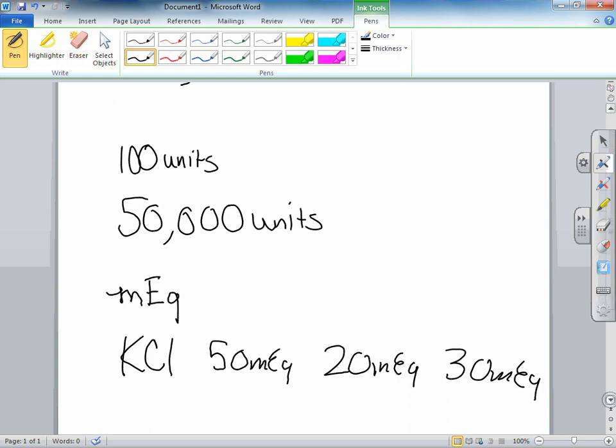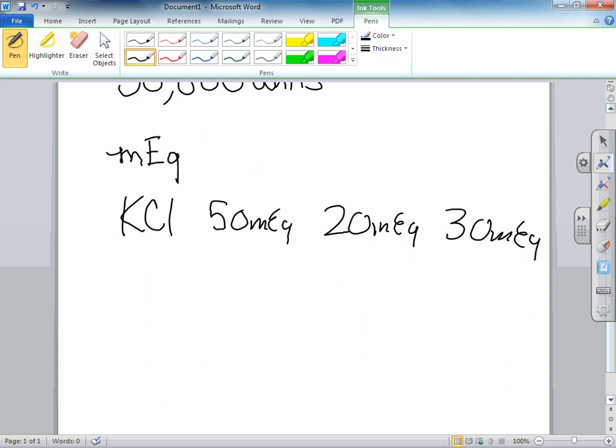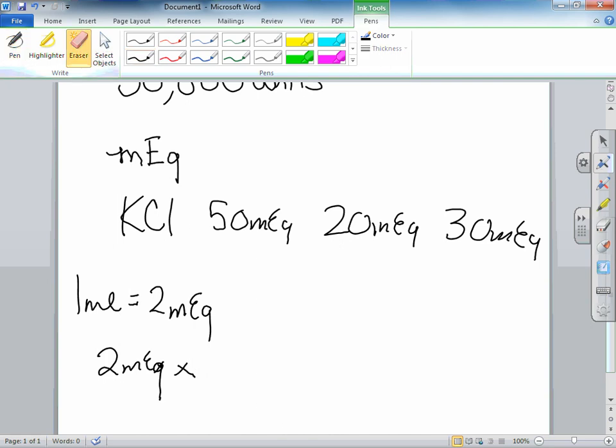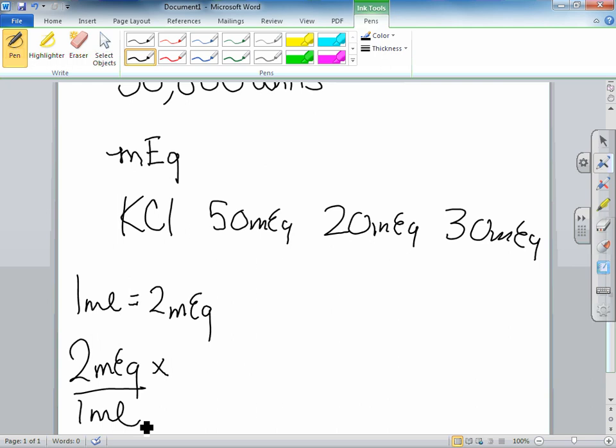Well, does that make sense? Let's see. If every 1 milliliter equals 2 milliequivalents, if I take 2 milliequivalents per 1 milliliter and multiply that by 20 milliliters, 2 times 20 is what? 40.